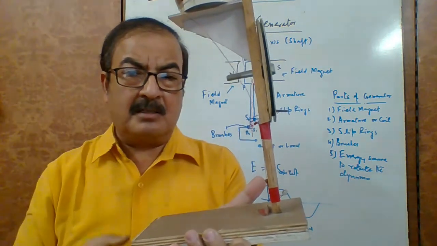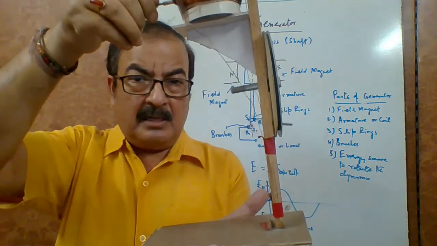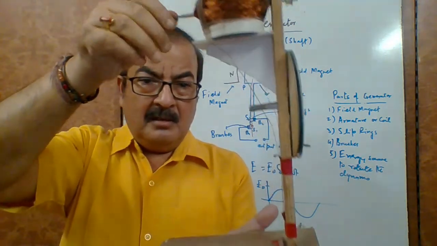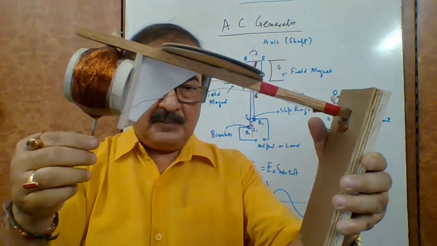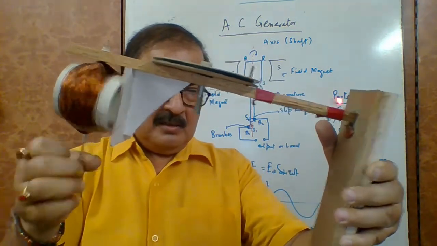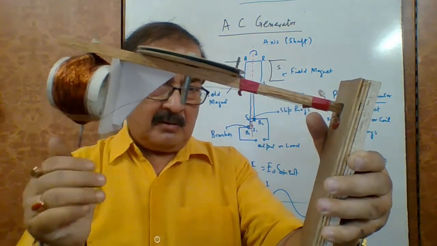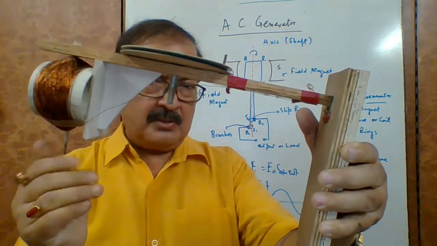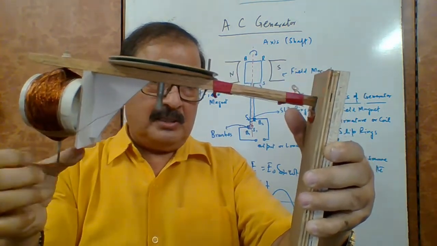How could we decide that this is AC, not DC? We can give the reverse direction of motion. If I give reverse direction of motion, then also it gives light. If I give anti-clockwise motion like this, it gives light; if I give clockwise motion, then also it gives light.